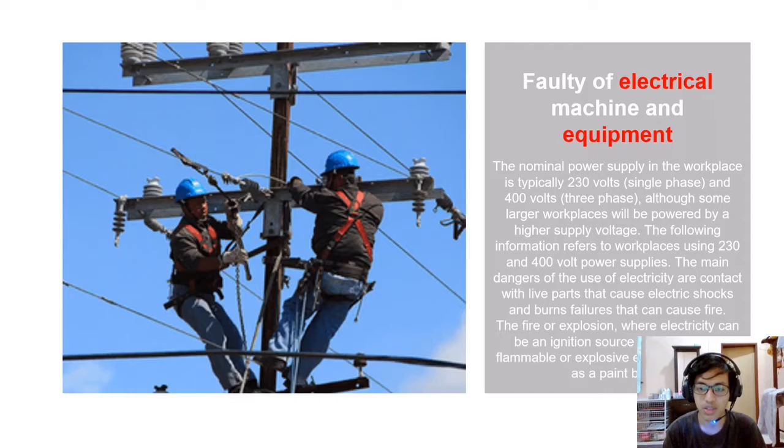The main dangers of the use of electricity are contact with live parts that cause electric shocks and burns, and failures that can cause fire. There is also fire or explosion, where electricity can be an ignition source in a potentially flammable or explosive environment such as a paint booth.